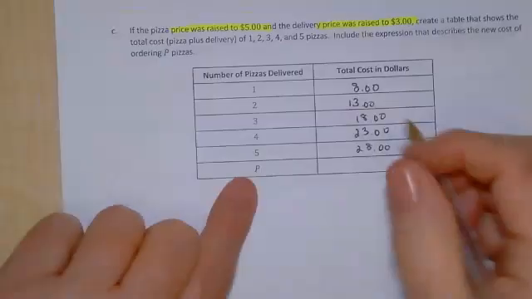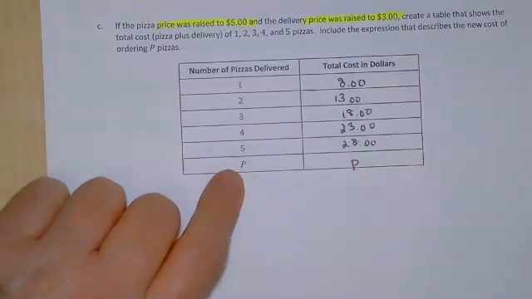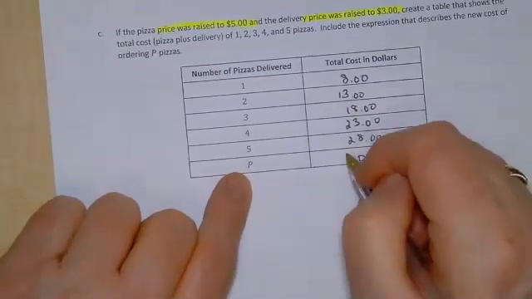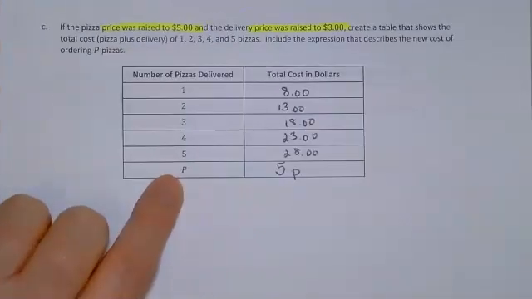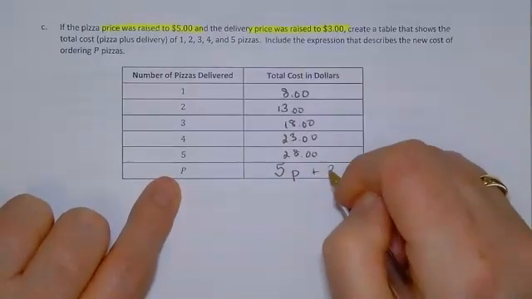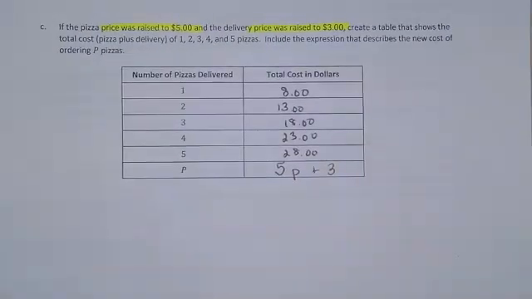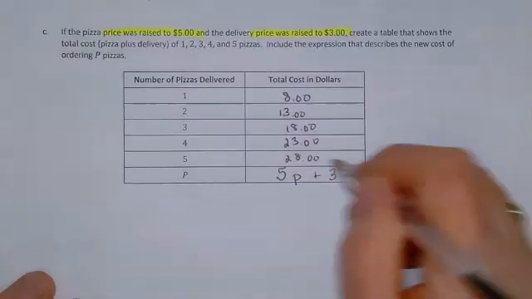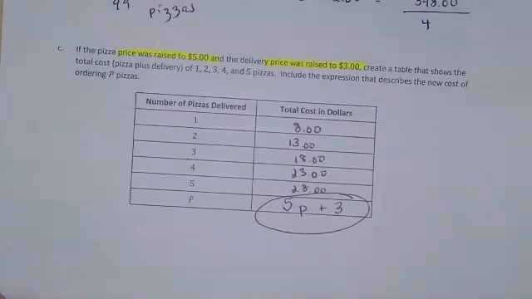So I'm taking the number of pizzas and I'm multiplying it by what? 5. And then I have to add the delivery fee, 5p plus 3. Is that kind of making sense? Yeah.